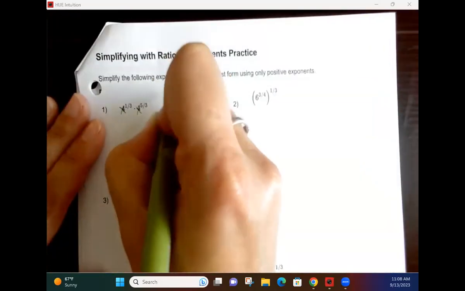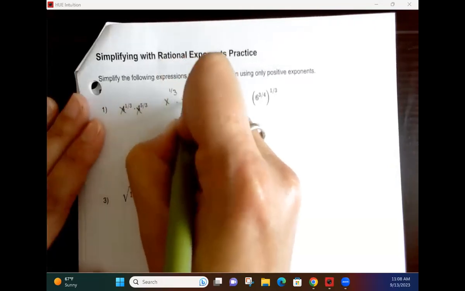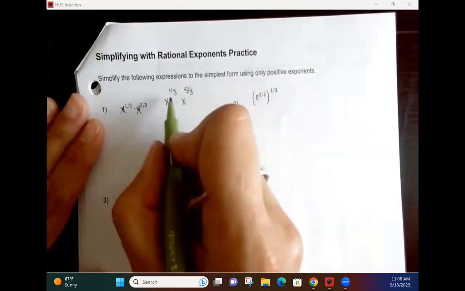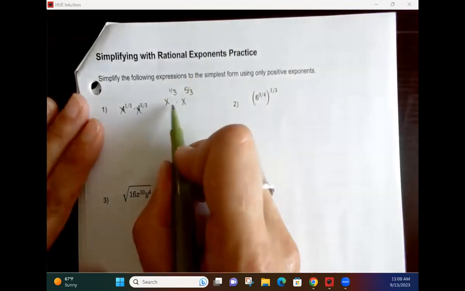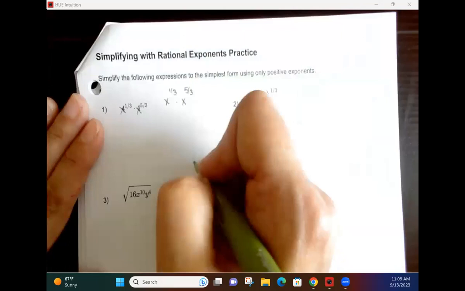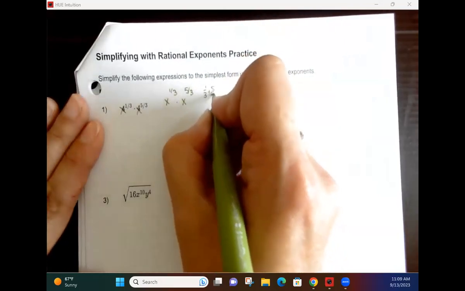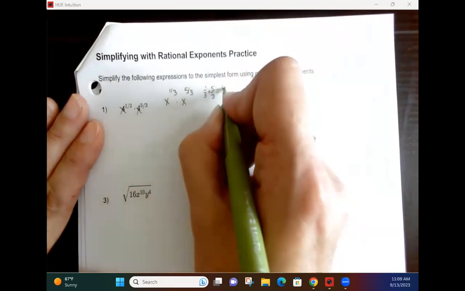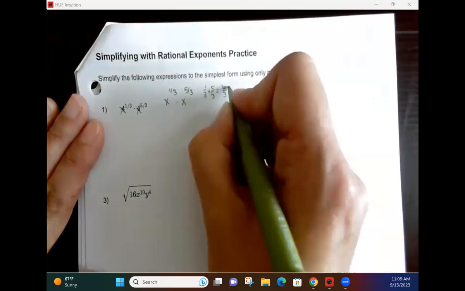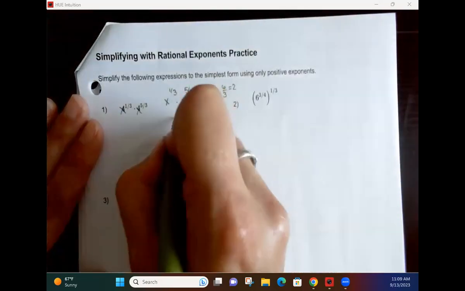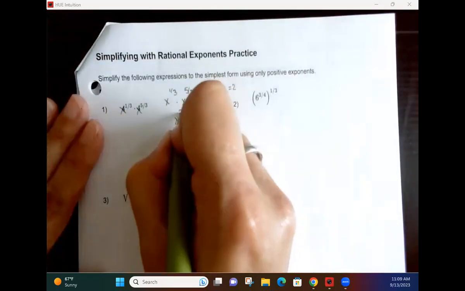So if I had x to the 1/3 times x to the 5/3, I would add their exponents. I'm multiplying things that have the same base, so we add their exponents. 1/3 plus 5/3 would give us 6/3, and 6 over 3 is just 2. So if these were x's, I would end up with x squared here.